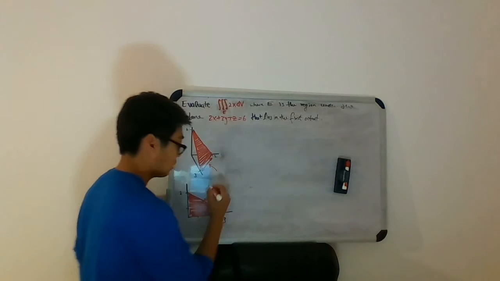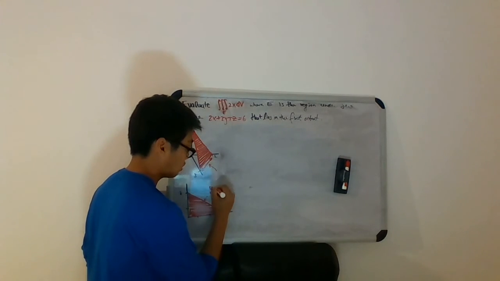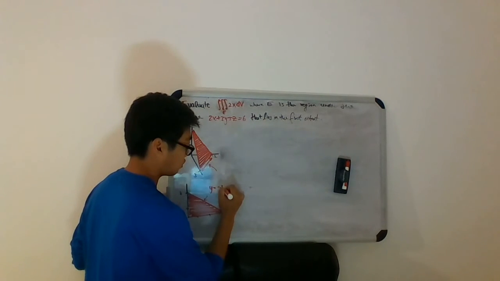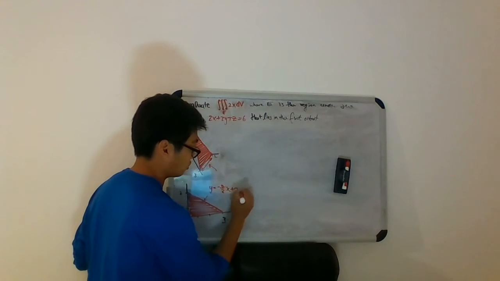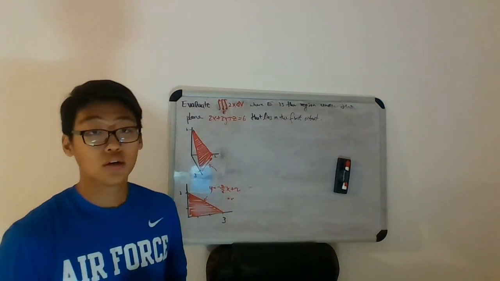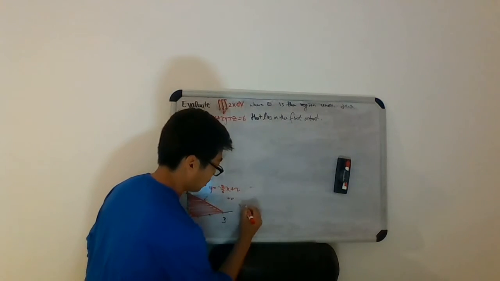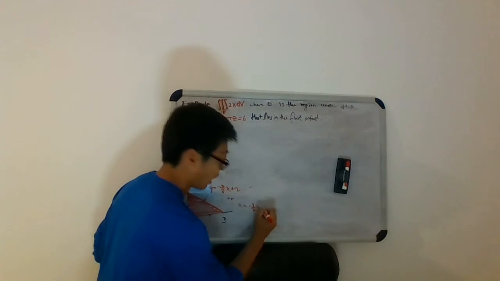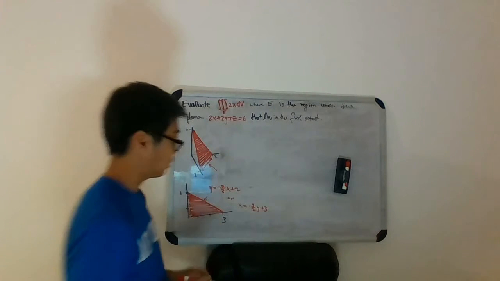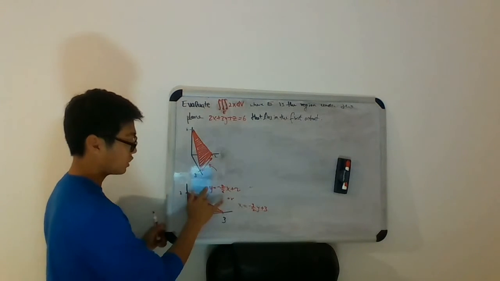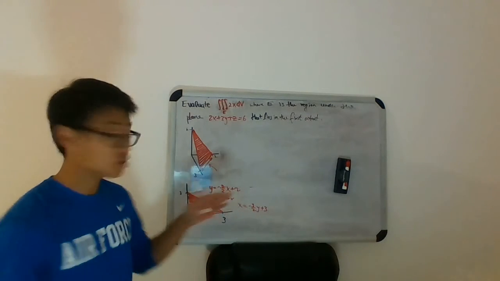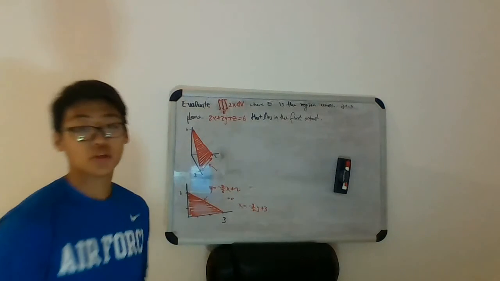This line can be represented as y equals negative 2/3 x plus 2, or it can also be written as x equals negative 3/2 y plus 3. Using either of those two equations, we can use them as bounds to set up the triple integration.